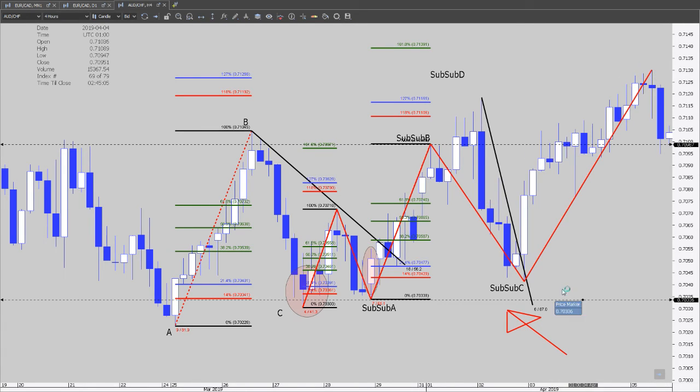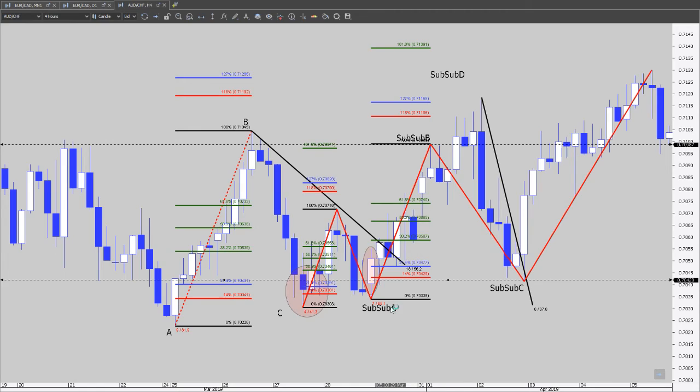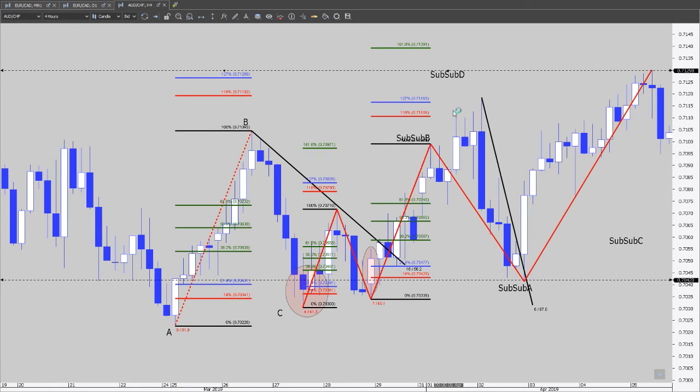Again, always the same thing. I'm going to move my sub A to sub C, and I'm going to move my sub B, which is the confirmation Fibonacci, to sub D, and I have a new confirmation Fibonacci.